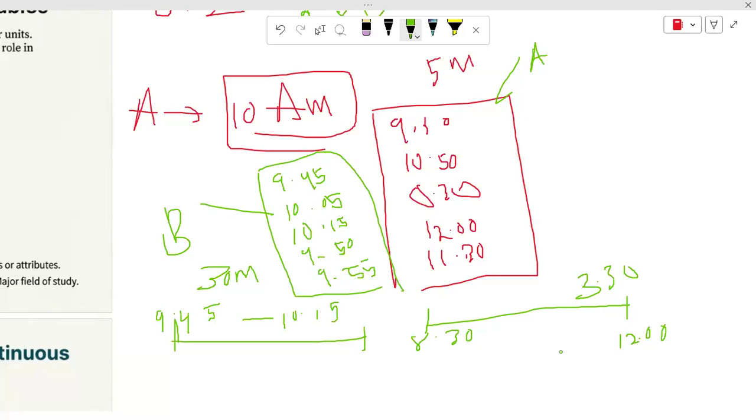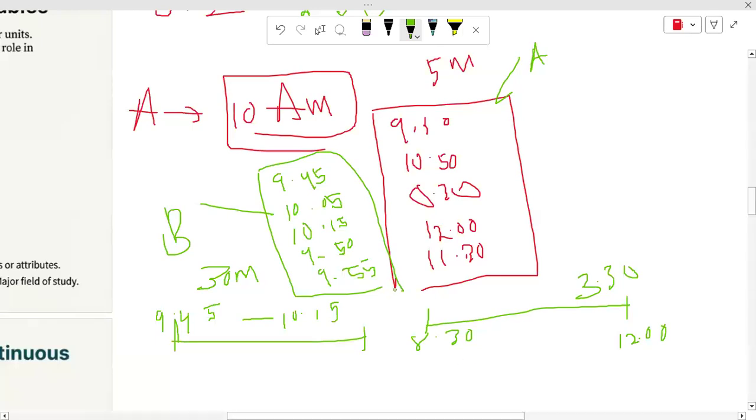So more variation range means less reliable. More variation is less reliable, and less variation, more reliable, right?